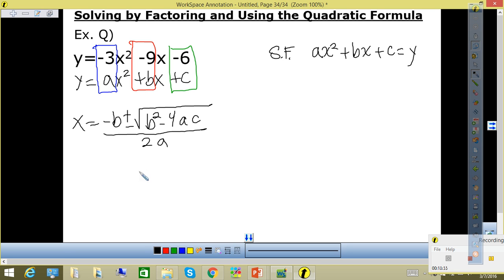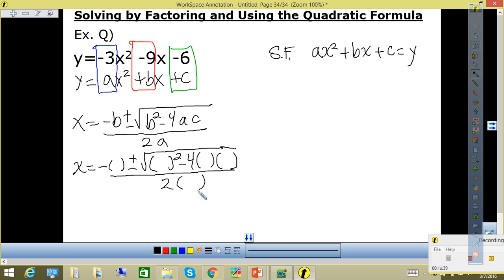That's the same step: write your quadratic formula and substitute. Copy that. After that, let's rewrite it underneath, but every time you see a variable, we're going to open a parenthesis. So minus parentheses, plus or minus square root of parentheses squared minus 4 parentheses parentheses, over 2 parentheses. Copy that really quick.